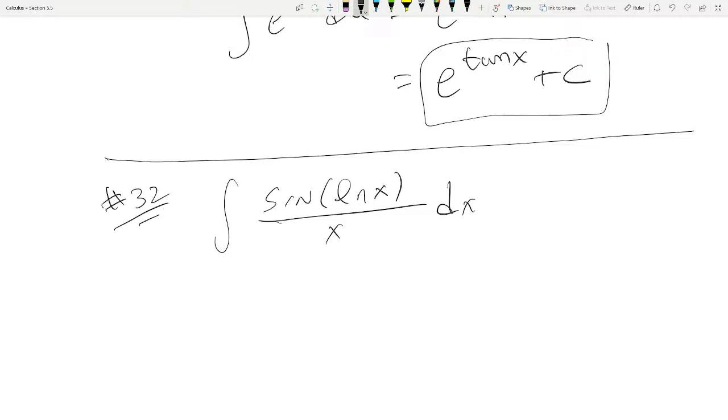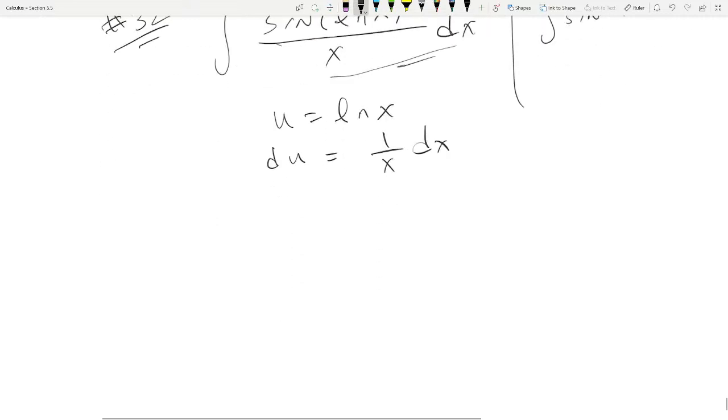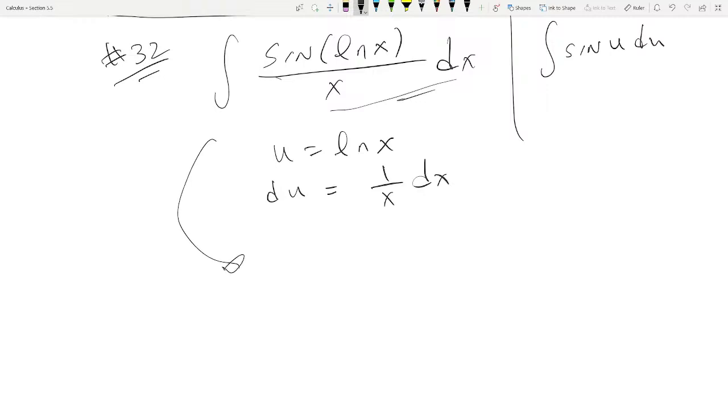So let's try picking, because again, what I'm thinking is, gee, I'd love for this to just be sine u, because I'm good at that. And if I want that, well, I better pick u equal to ln x. And if I pick u to be ln x, well, then du is 1 over x dx. And look, it's sitting there in the integral. How rigged is that? This integral now becomes sine u.